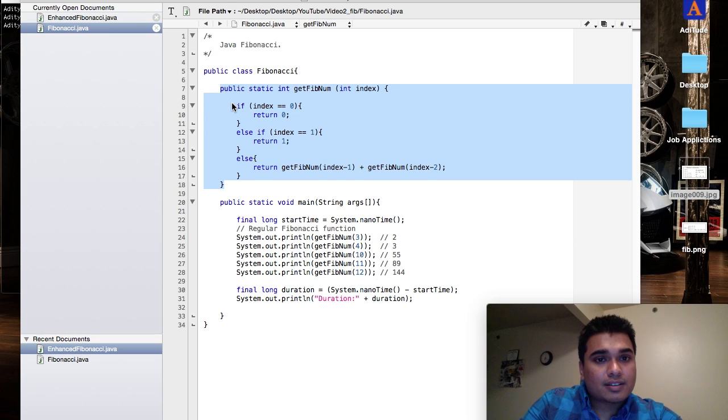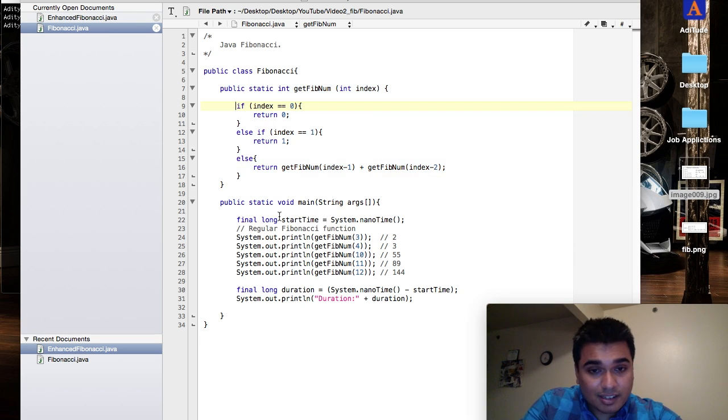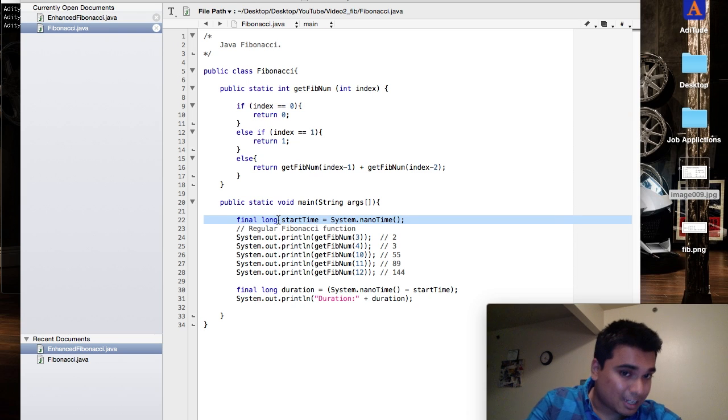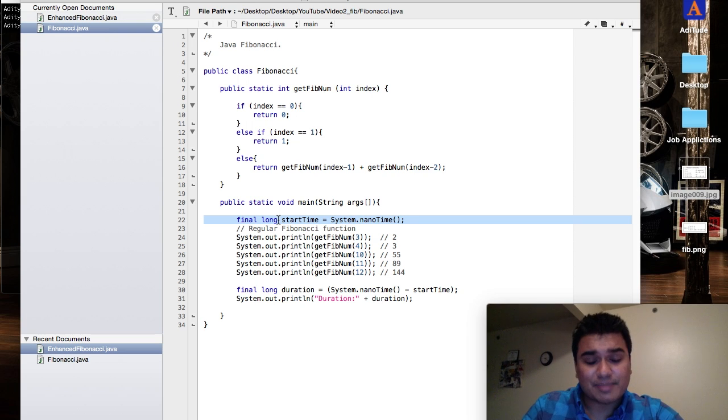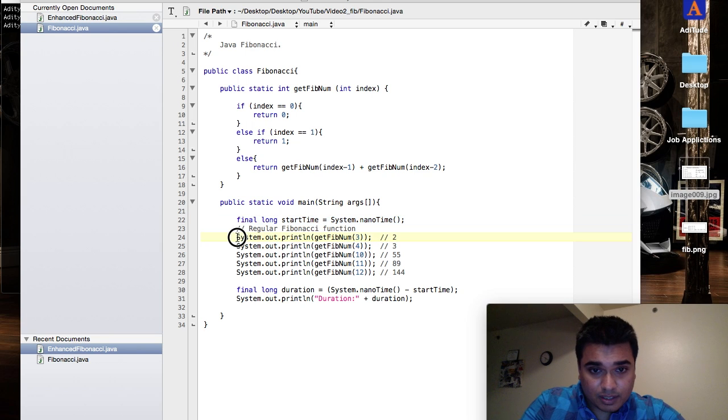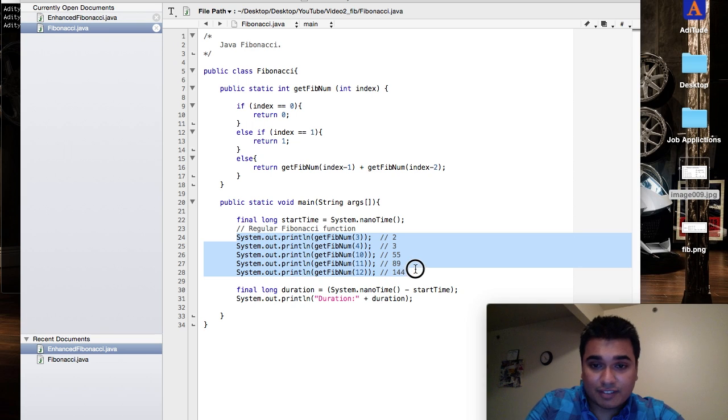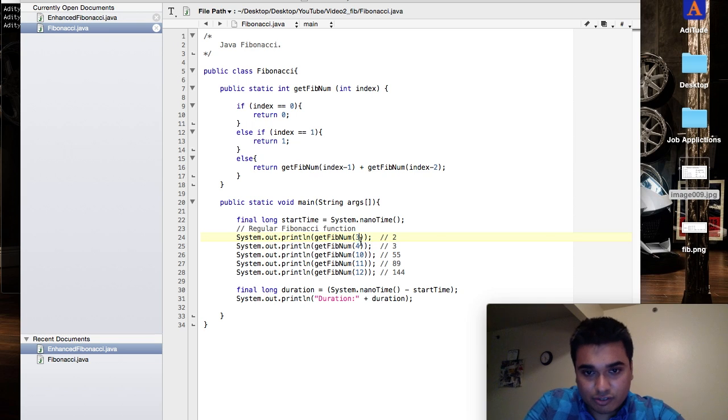And since we have two ways, I decided to use System.nanoTime to find out the duration of the program and see which function is actually better, the recursive one or the other one. So again, we are finding Fibonacci numbers associated with 5 indices, and 3 should return 2, 4 should return 3, and the 10th index should return 55, and so on.